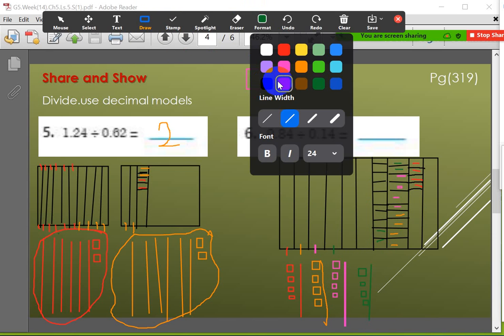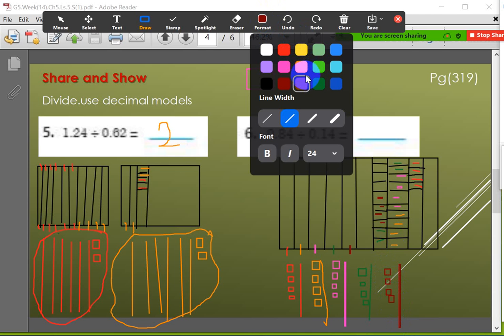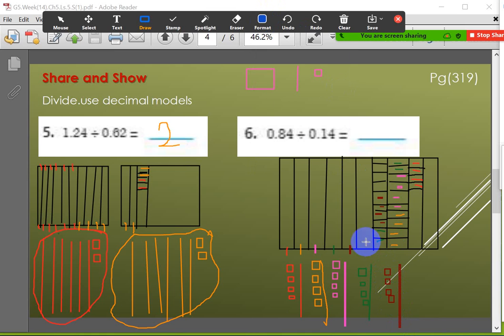Now in dark gray I will choose this one and 4. 1, 2, 3 and 4. So it will be the fifth group. 1, 2, 3 and 4. The last one will be in blue color. 1 long and 4 small squares.